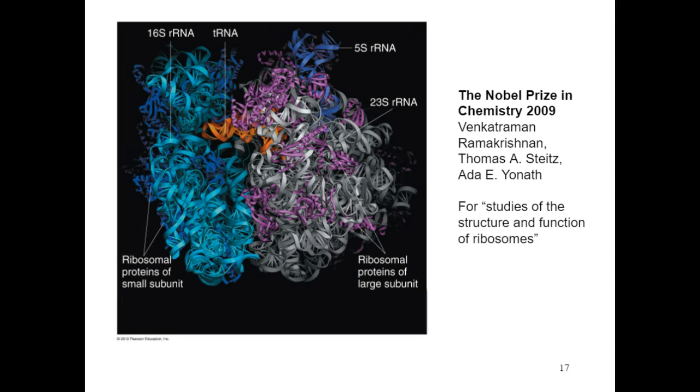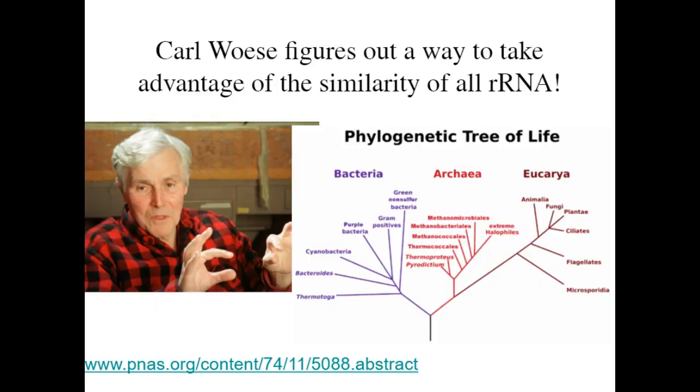So there was a Nobel Prize awarded in chemistry just a few years ago in 2009 to Venkatraman Ramakrishnan, Thomas Steitz, and Ada Yonath, and they were awarded the Nobel Prize in Chemistry for studies of the structure and function of ribosomes. They came up with the most detailed image, much like this, of an intact working ribosome. So people are still actively figuring out all of this stuff.